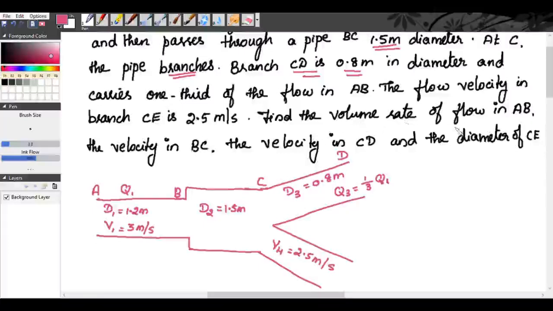Find the volume rate of flow in AB. So we need to find Q1, then the velocity in BC, that is V2. V2 is the velocity in BC. Now the velocity in CD, that is, we need to find V3.